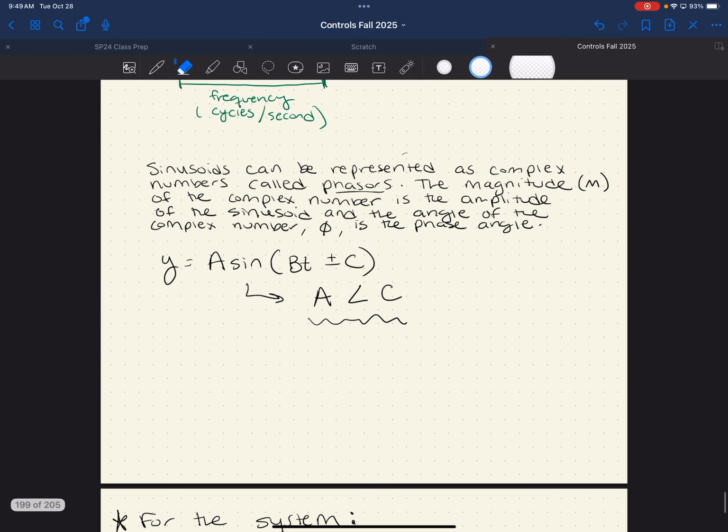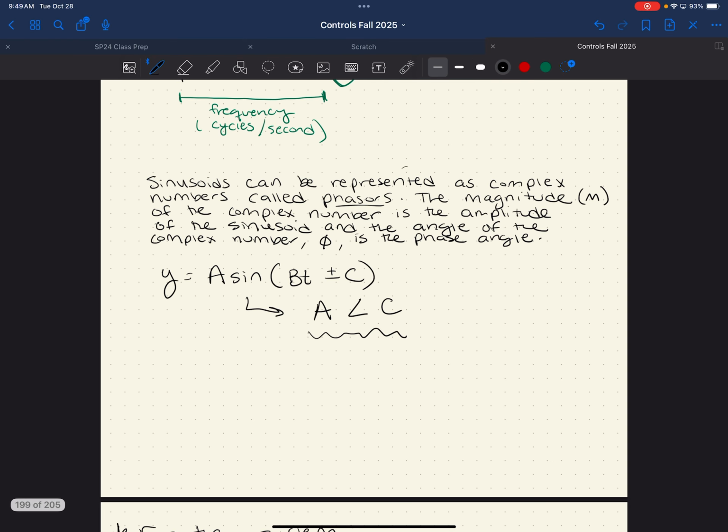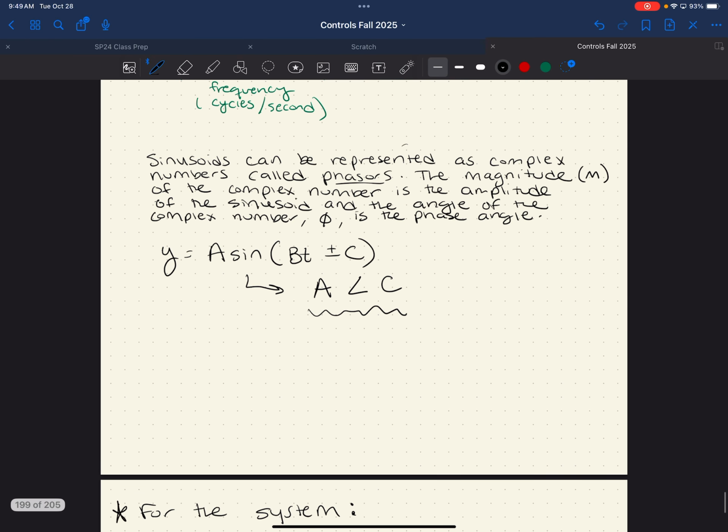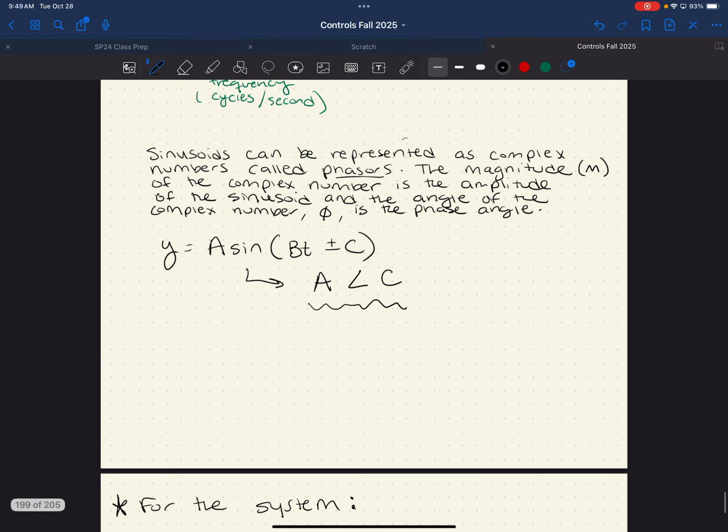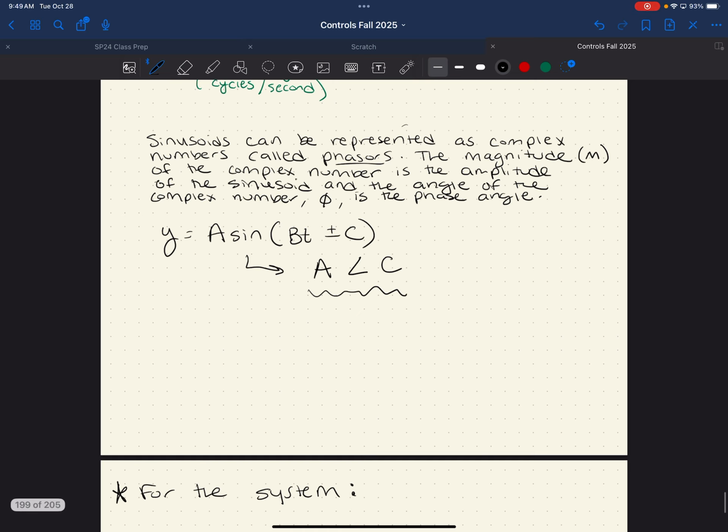Okay, let's look at how this looks for a block diagram. In fact, we can even represent our system as a complex number if we plug in some frequency for s. I'll make that a little more concrete. Let's say we have an input sinusoid defined as magnitude input with some frequency omega, angle input.